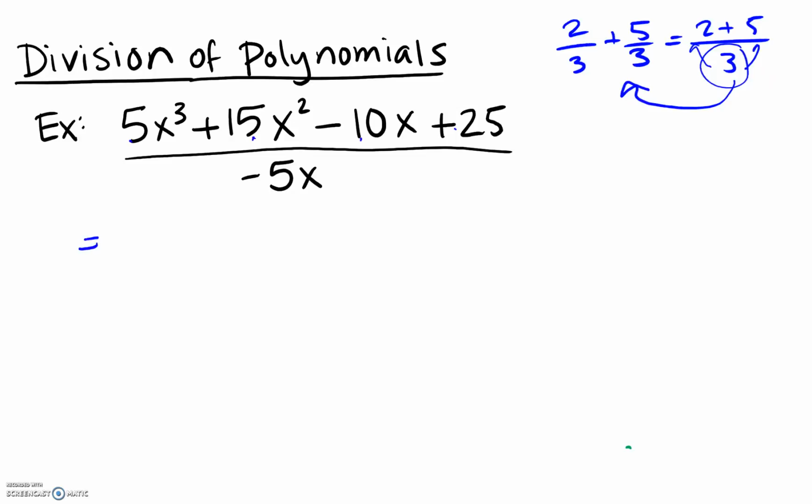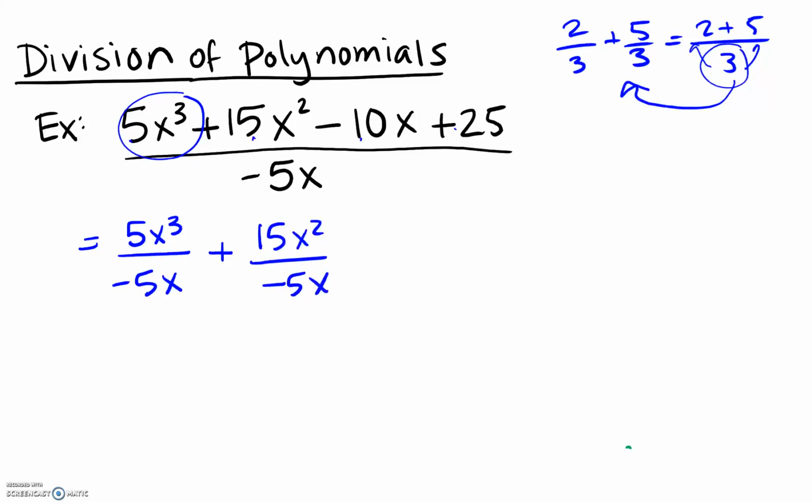So one way to do this is to actually write out the division. We have the first term of our polynomial divided by our monomial that was on the bottom, plus the second term over what we had, plus the third term over what we're dividing by, and then our final term over what we were dividing by.